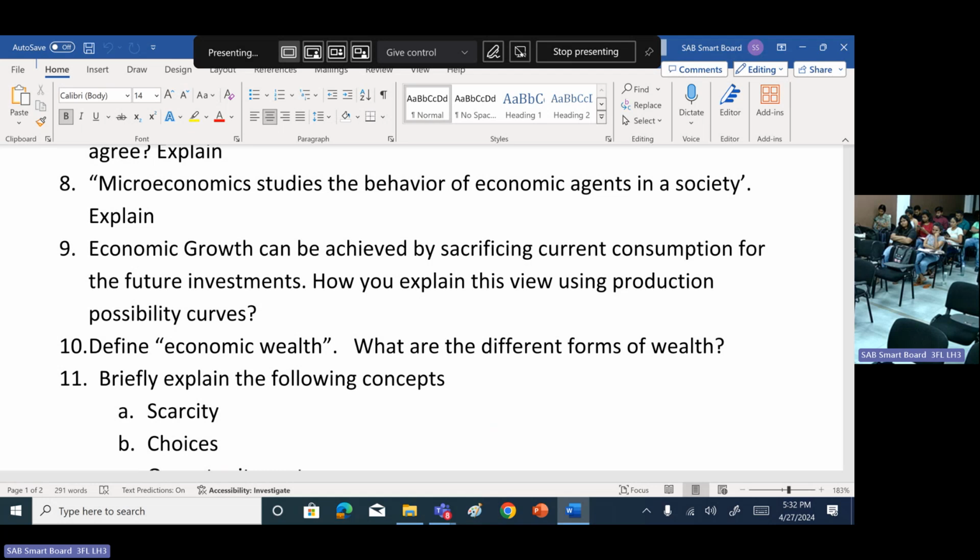On the PPC diagram, if we take capital goods and consumer goods, there are different combinations, right? A1, A0.